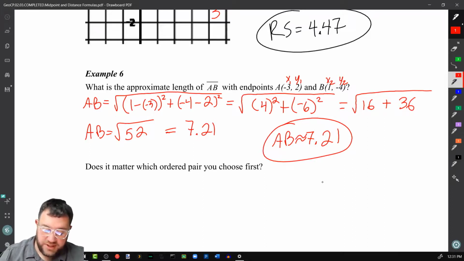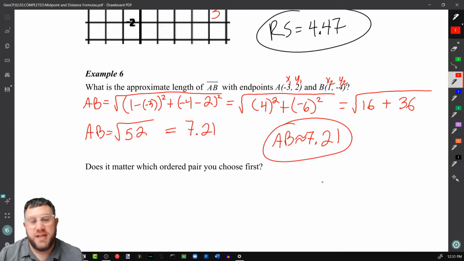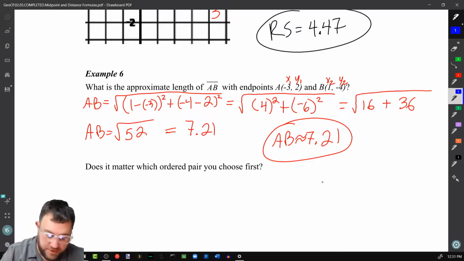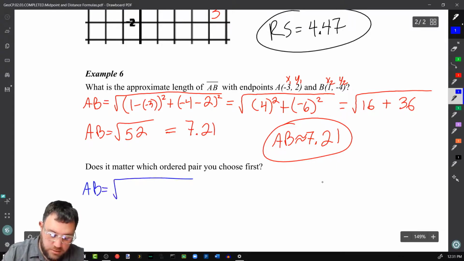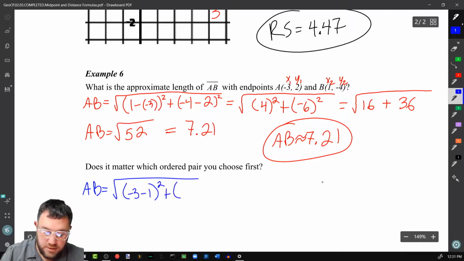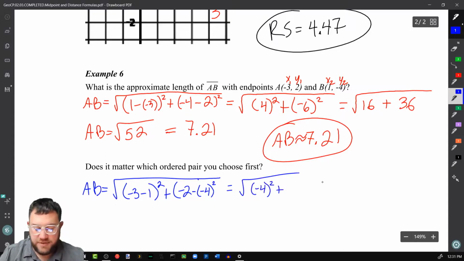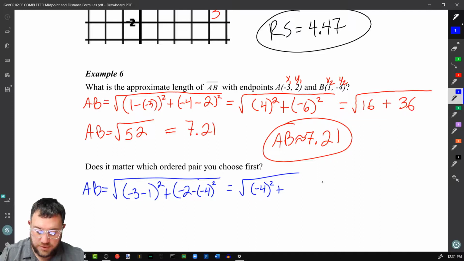And our last question, does it matter which pair you choose first? It does not, because when you square it, negatives go away. I'm going to rework the same problem, but this time I'm going to reverse my x's and then reverse my y's. So we would have negative 3 minus 1 squared plus negative 2 minus negative 4 squared. Negative 3 minus 1 will be negative 4 squared. Negative 2 minus negative 4.